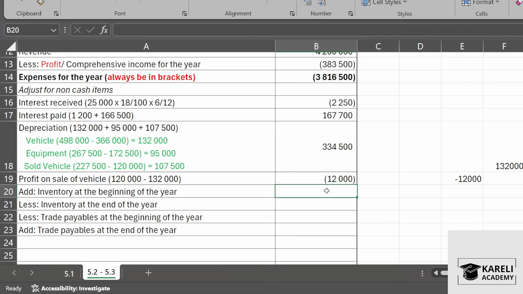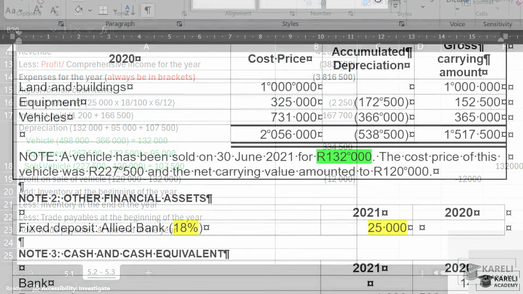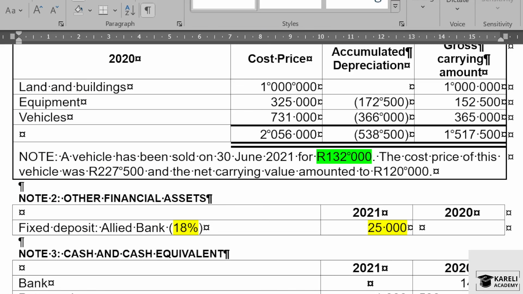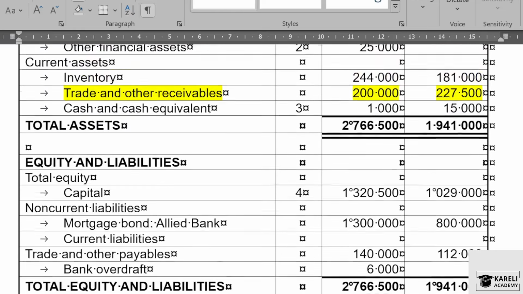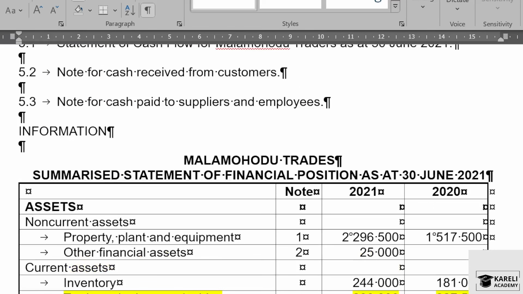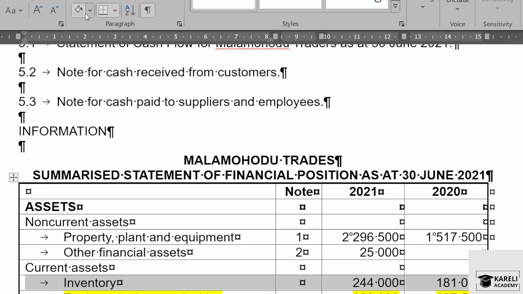Okay, now we go to inventory. We want inventory at the beginning and inventory at the end. We will find it under the statement of financial position. Here is our inventory.